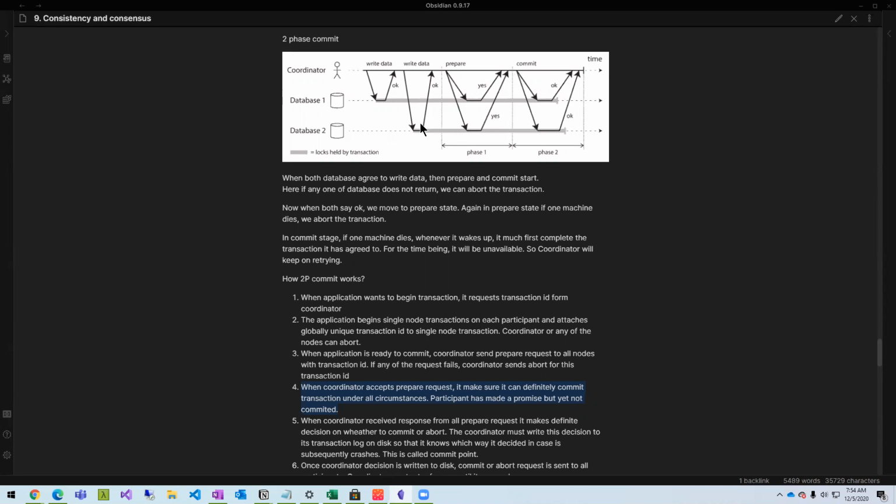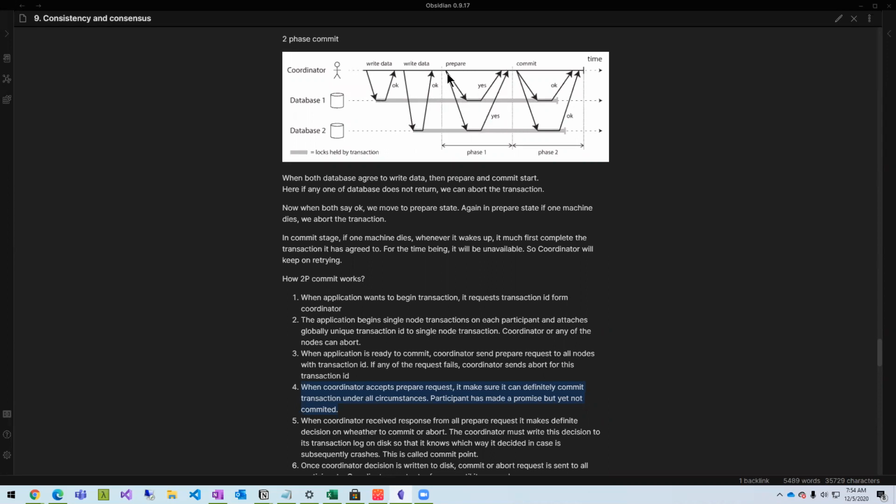Before this point, if any of the nodes had failed, then the coordinator would have made its decision to abort, right? Or if before this point it fails and this database does not hear from the coordinator, then as we said, before this point they are free to abort the transaction.